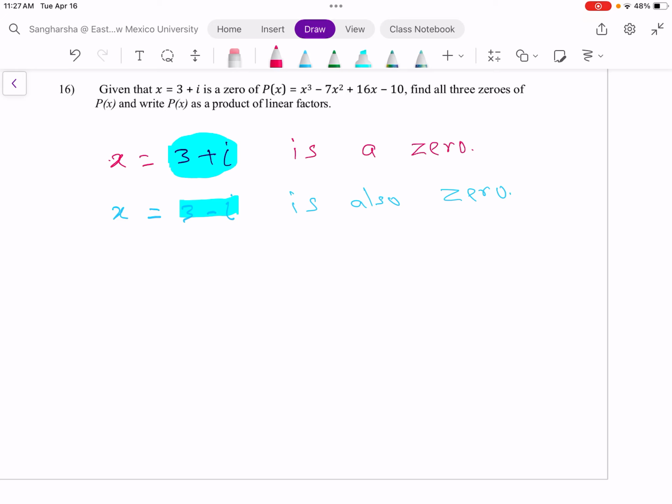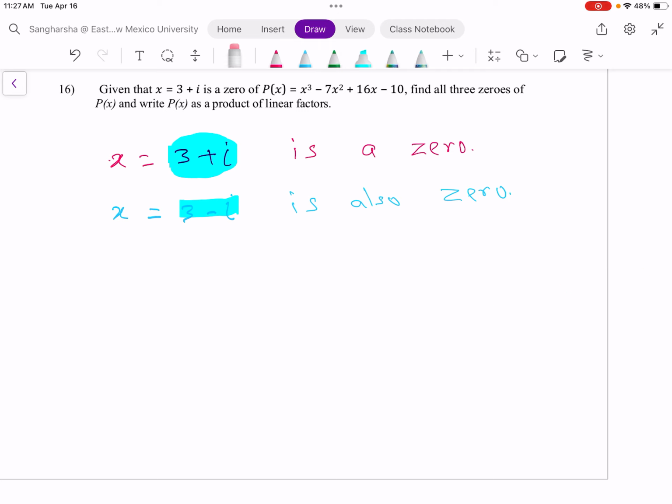If we have any number that is a real 0, let me take 4. For example, if 4 is a real 0, what is the corresponding factor? It's always x minus 4, right? And we use the same concept. So we have 3 plus i is a complex 0. So the corresponding factor is x minus this number, okay?